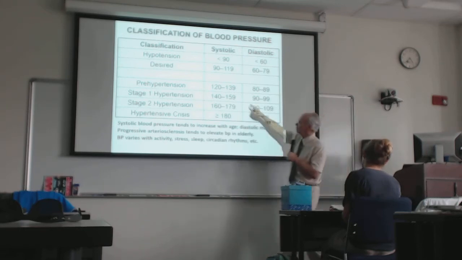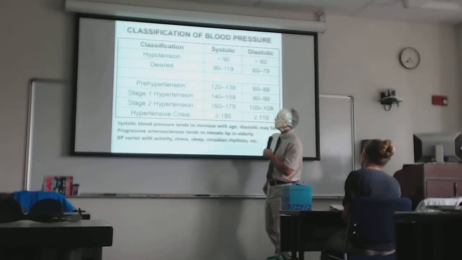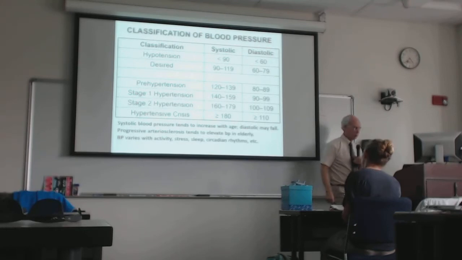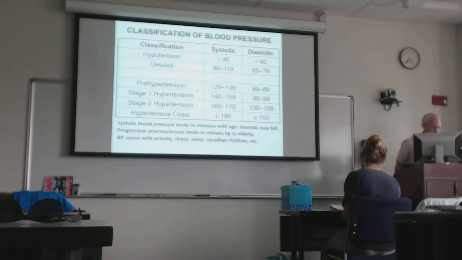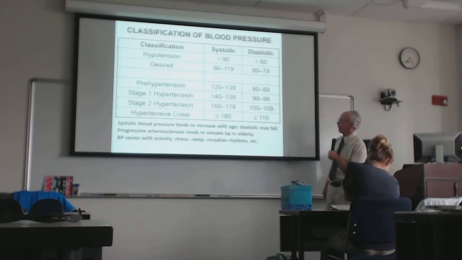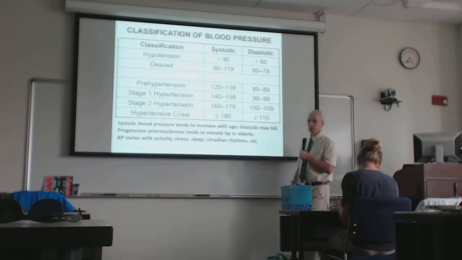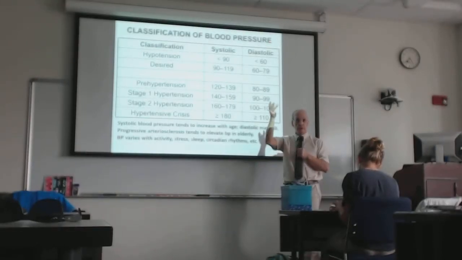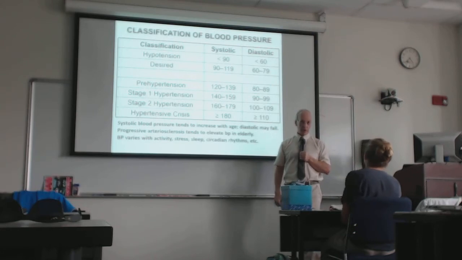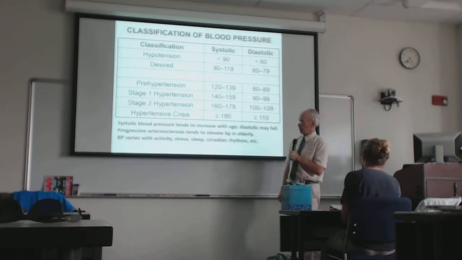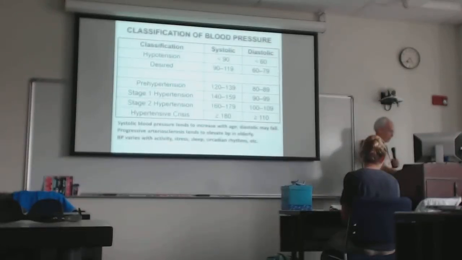So 120 to 140 would be pre-hypertension, and the idea in general is to keep blood pressure as close to normal, as close to 120 over 80, as possible. In your clinical coursework, you'll discuss the relative importance of elevated systole versus elevated diastole. I think the prevailing opinion now is that you need to pay attention to both. It's not just one or the other that should receive priority.